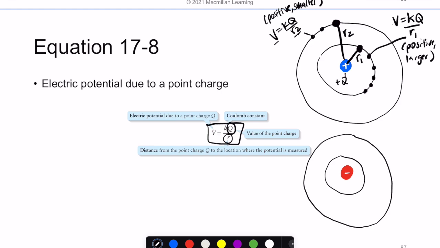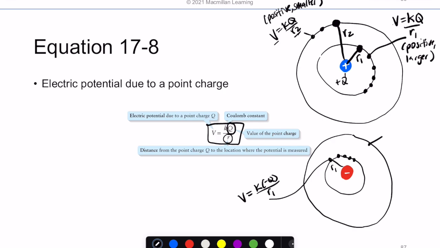And so we can analyze these circles around, and those circles have a name, and we'll get to the name. We can analyze these circles around a negative charge in the same way. So if this is R1, anywhere on this circle of radius R1, we're going to have a potential equal to K, and then Q is negative now, over R1.